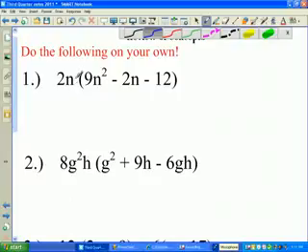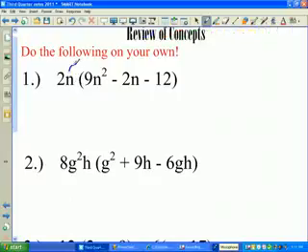If you notice, there's no operation in between the 2n and the parentheses. So I'm going to distribute that 2n to everything inside the parentheses. Distributing means I'm going to multiply it. So 2 times 9 gives me 18. I'm back to writing with this mouse again. Then n times n squared is going to be n to the 3rd power.